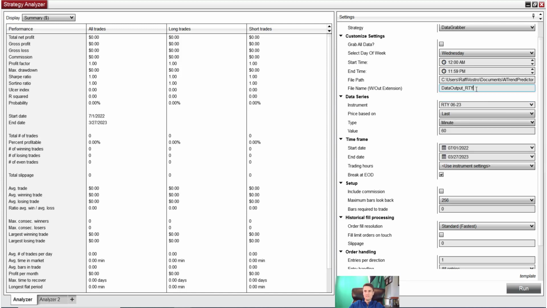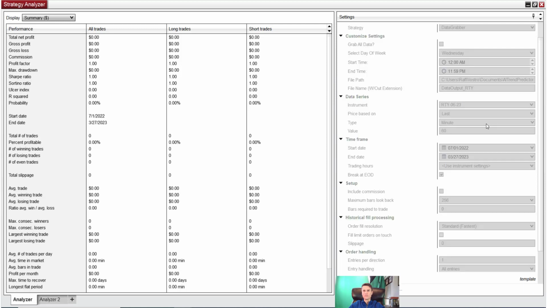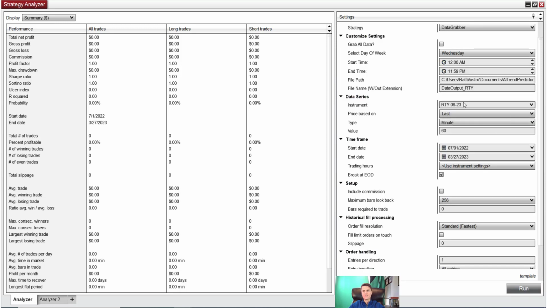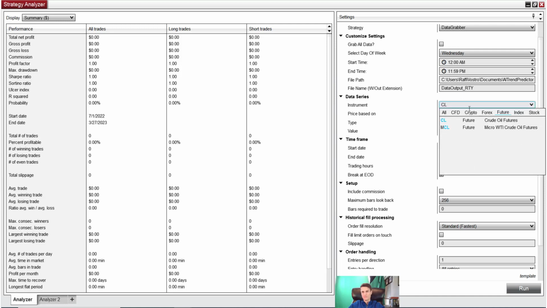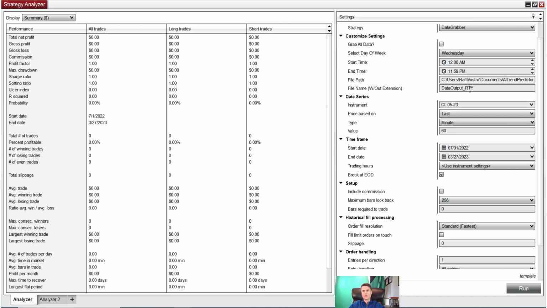We are going to feed the Python this data, the AI Trend Predictor this data, and once we do that, it's going to help us because it is going to predict the next 24 hours, potentially. The next 24 hours, as far as the directions, is it going to be higher or lower, broken down by each hour, and broken down statistically as to the level of accuracy.